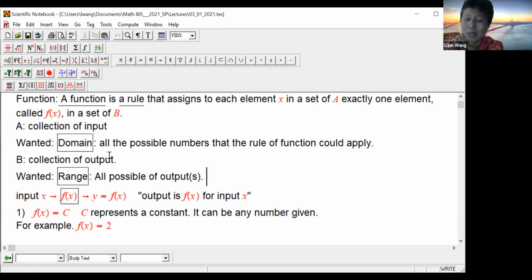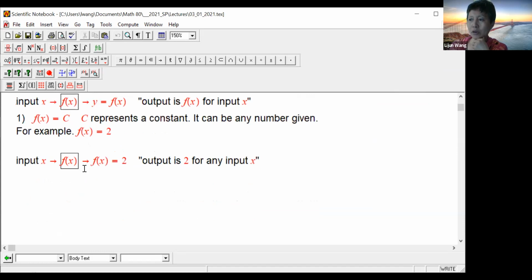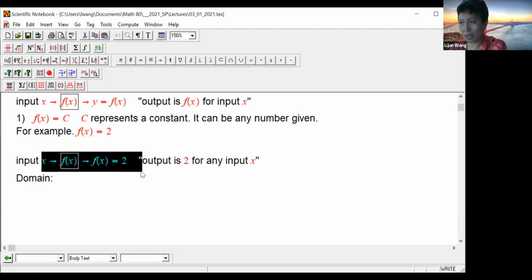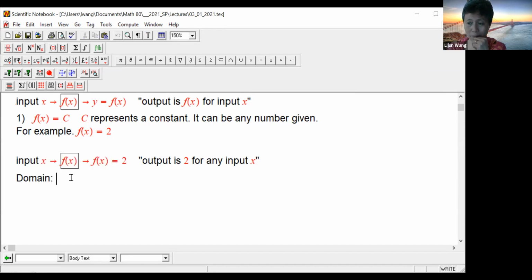Now, input, output. For this particular function, f of x equals 2, can you tell me what will be the domain? In other words, what numbers can this rule apply to? And each one of those numbers we apply it to will produce exactly one output. You follow me?